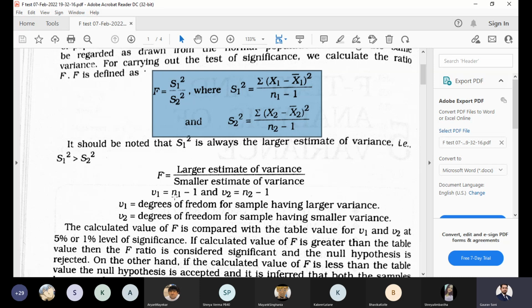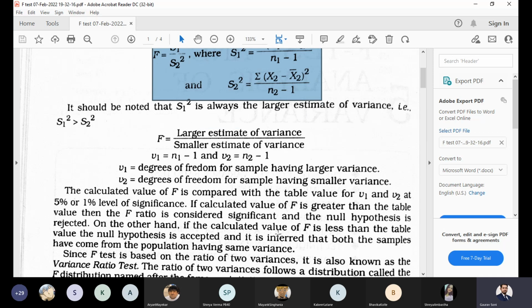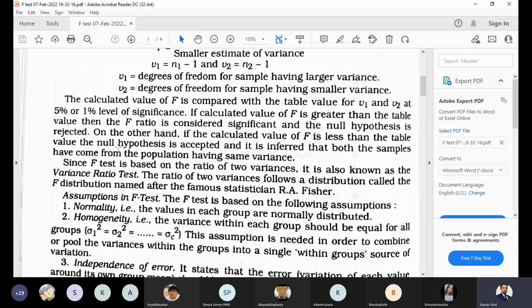So nu 1 is n1 minus 1, nu 2 is n2 minus 1. So nu 1 is the degrees of freedom for the sample having larger variance, and nu 2 the degrees of freedom for the sample having smaller variance. The calculated value of F is compared with the table value for nu 1 and nu 2 at 5% or 1%, whichever is given in the question.